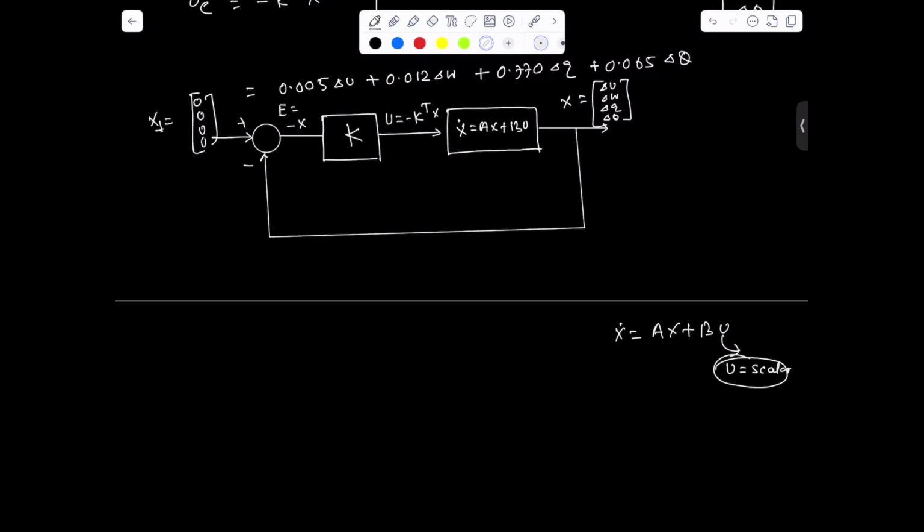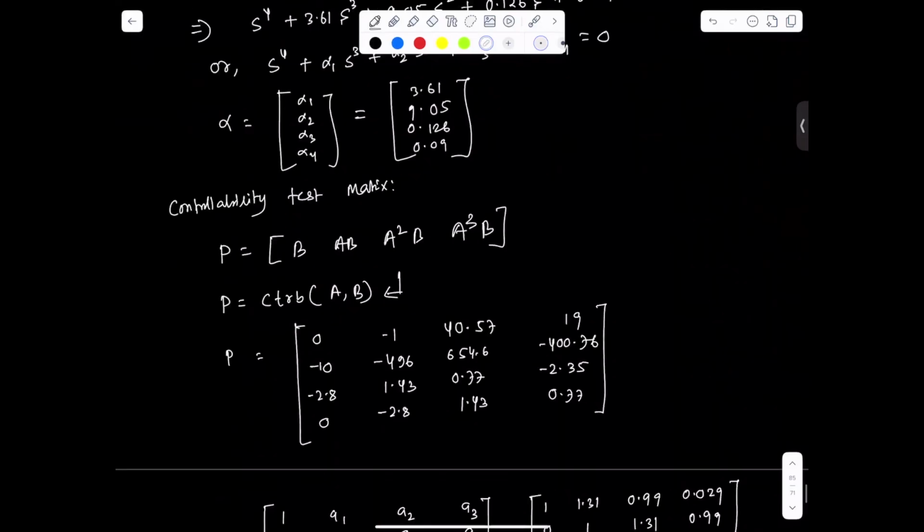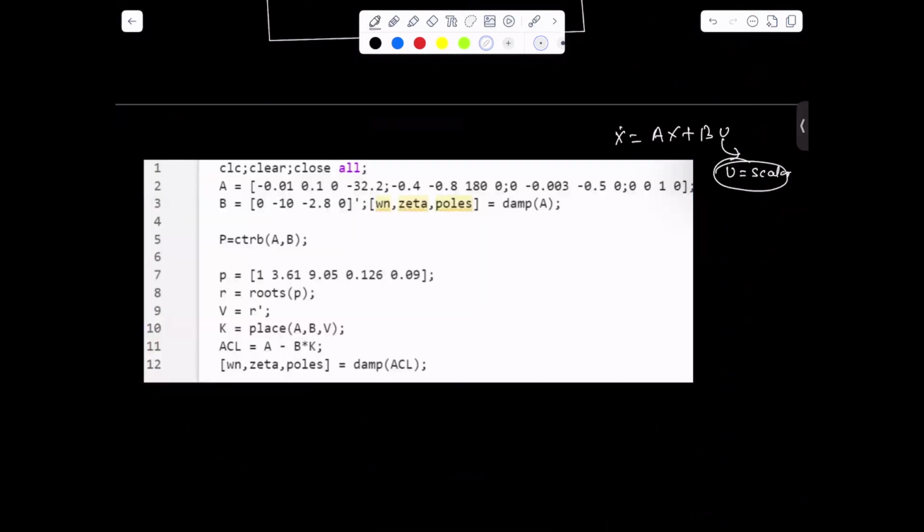And the MATLAB code for this example, this is the MATLAB result we have. So we have found this A here. This is the B basically here, and the closed loop control system. And the rest of the code you can easily write to find the response of the individual states.